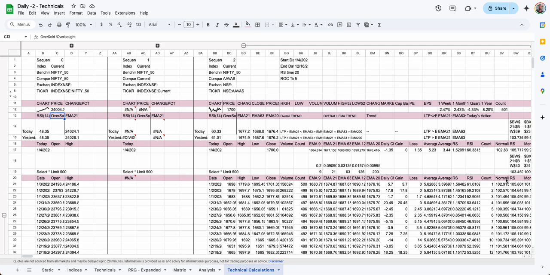Using these normalized returns, you can calculate the relative strength of a particular sectoral index against Nifty 50, or of a particular stock against its benchmark index. For example, in here, I'm calculating the relative strength of Aavas Finance with respect to Nifty 50 as the benchmark.